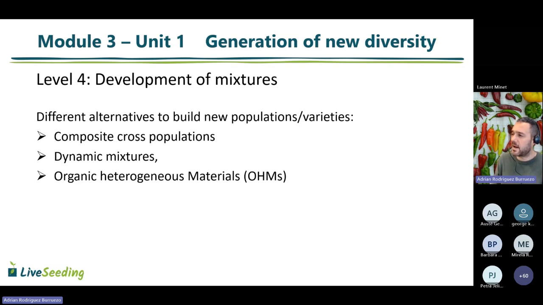There are several strategies to develop these new populations of varieties, which are called mixtures. But the main ones I want to mention today are composite cross populations, dynamic mixtures, or organic heterogeneous materials.